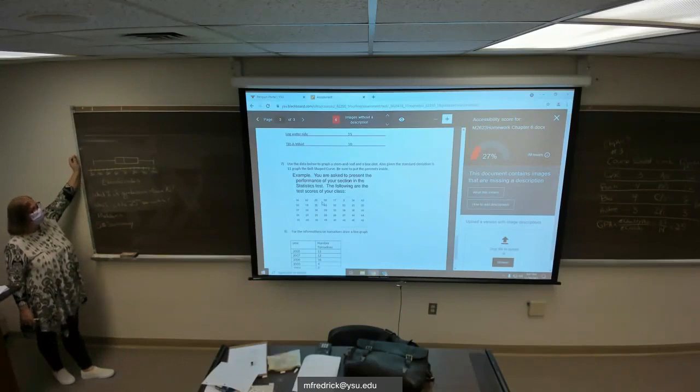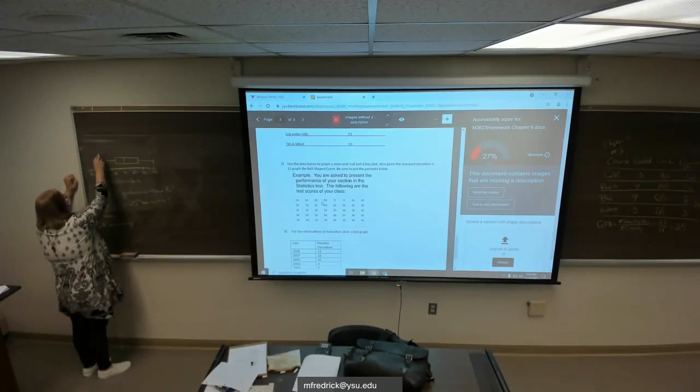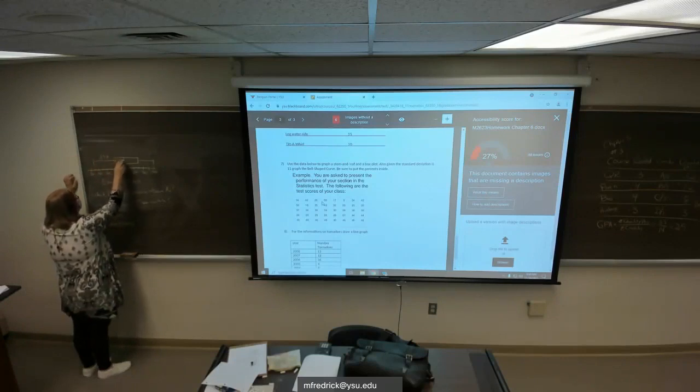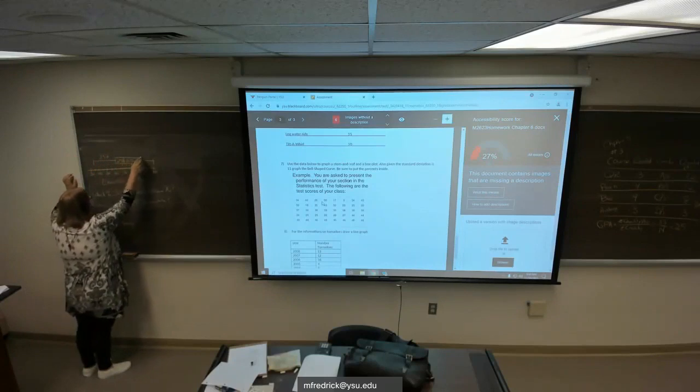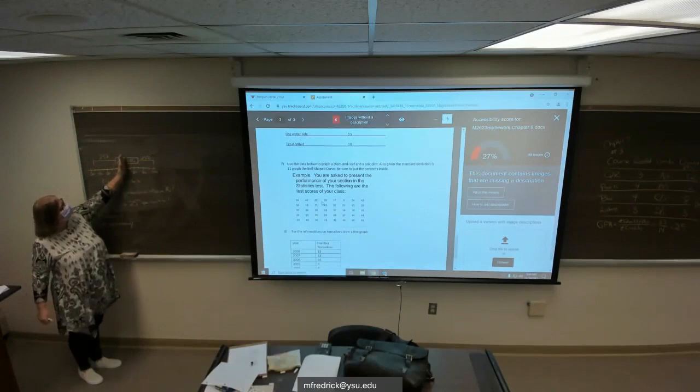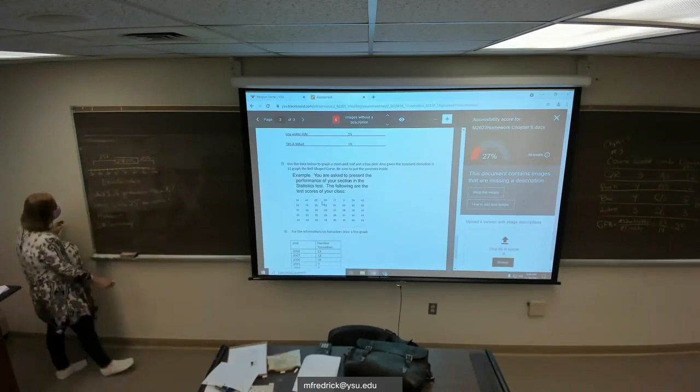Remember, a box plot breaks everything in quarters. This is 25%, 25. So the 70 is here, 25 and 25. 50% of the grades are above it.